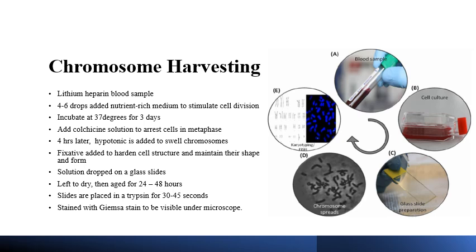Each step is really important in ensuring high quality slides for reliable results. So please take your time at a later stage and familiarize yourself with the different steps required for chromosome harvesting. Now, you as doctors will never have to do this, but it's quite an interesting process to learn.